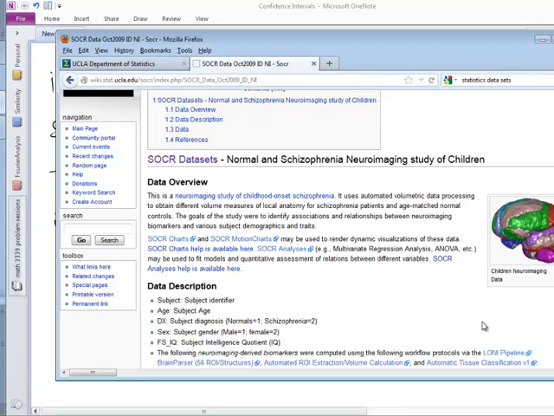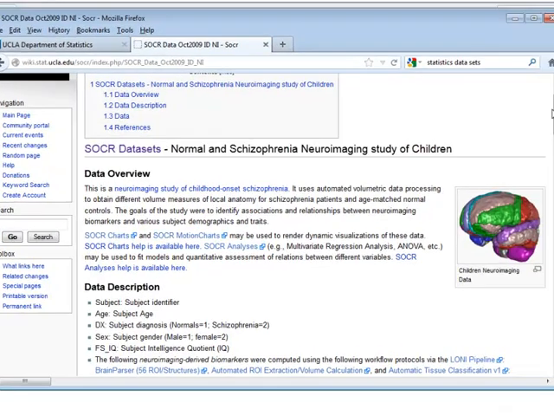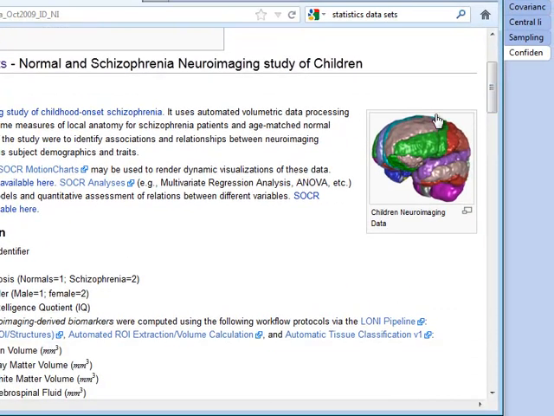They want to see if the size of certain areas after the segmentation can be predictors of schizophrenia.